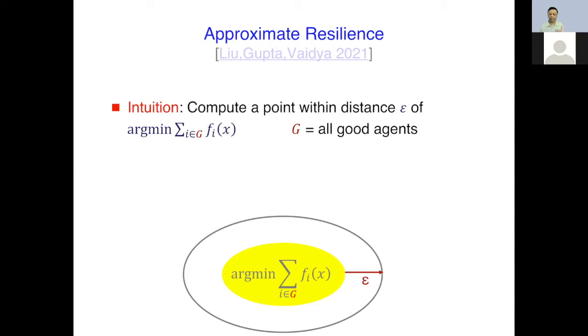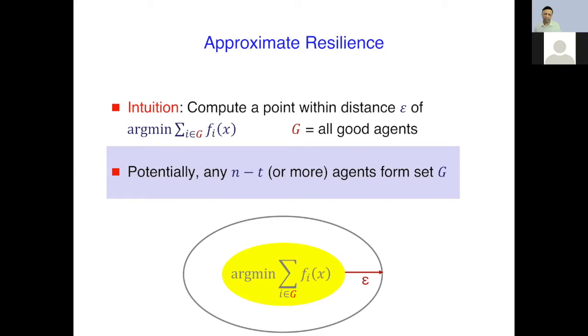But the intuition behind approximate resilience is that we won't insist on finding a point in this set, but we are willing to accept a point such as this one, which is within some distance, parameterized here by epsilon, of that set in yellow, which is the argmin of the sum of f_i(x), where i belongs to set G of all the good agents. So that's what we really want to achieve, but we will define the requirements slightly differently.